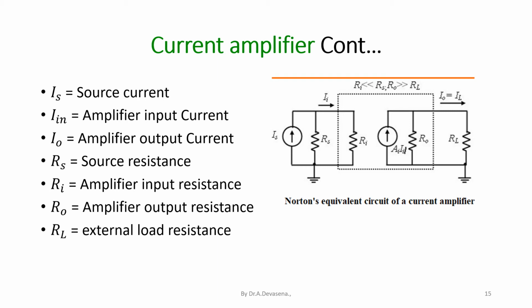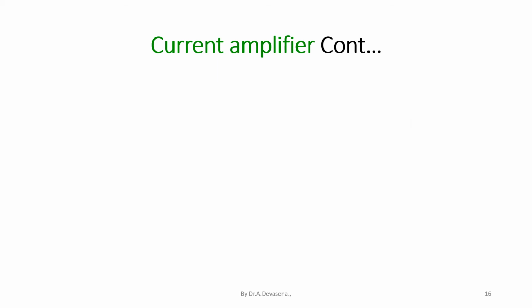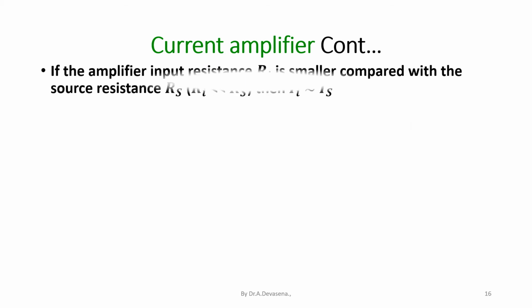RL is the external load resistance. If the amplifier input resistance Ri is smaller compared with the source resistance Rs, that is, Ri is very small when compared to Rs, then the input current Ii is approximately equal to the source current.